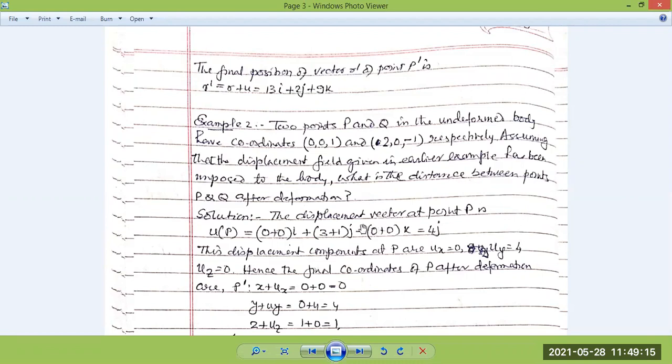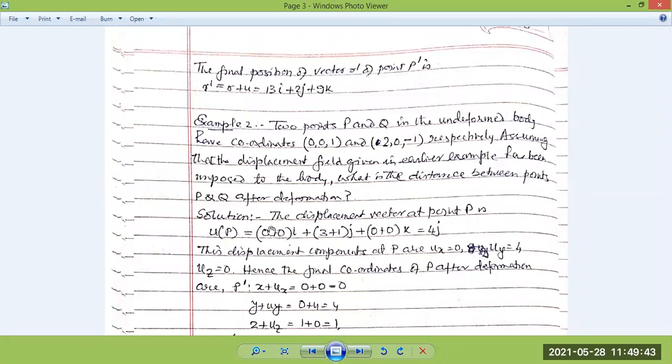So what will happen? Initial displacement vector at point P, if we put these coordinates in the position vector as per our calculation, is given here, equal to 4j. The displacement components of point P are ux is 0, uy is 4, and uz is 0.